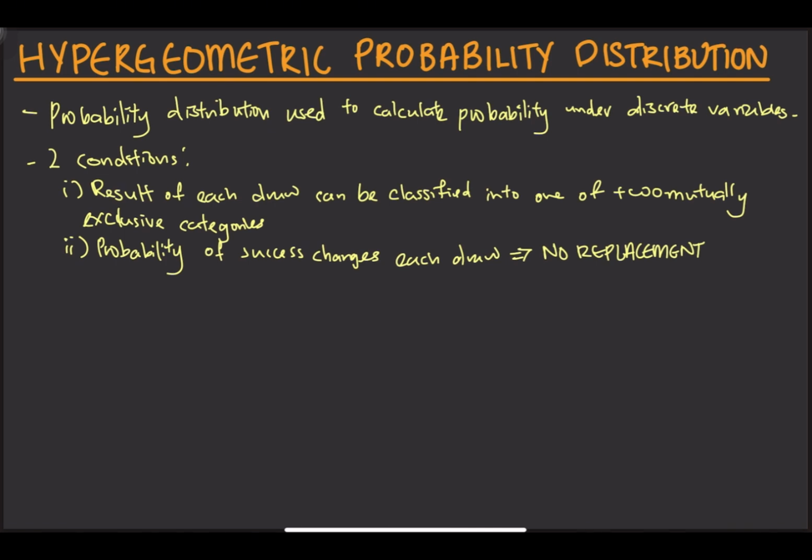And thus, what is the formula of the hypergeometric probability distribution? The formula is quite simple. It's not that simple, but it's easy.